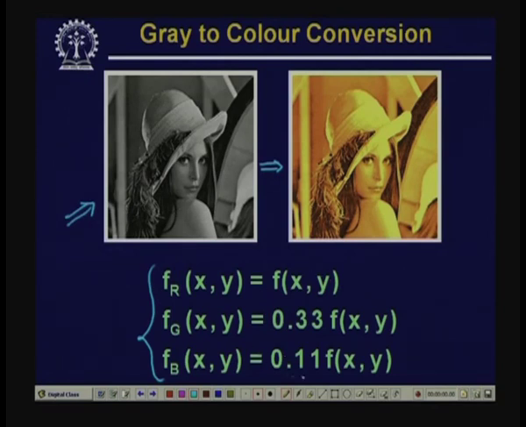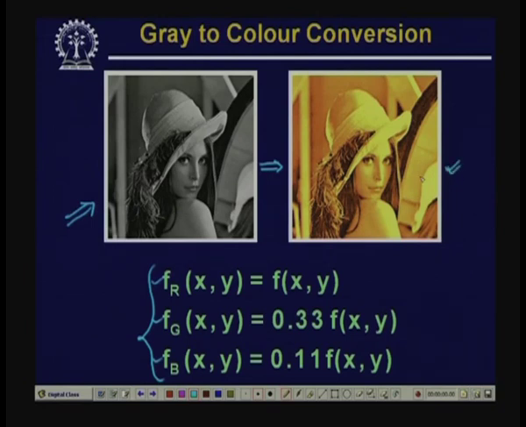So, by these transformation functions, we have generated f_r, the red component, f_g, the green component, and f_b, the blue component. And when we combine them, the corresponding color image which is generated is like this.